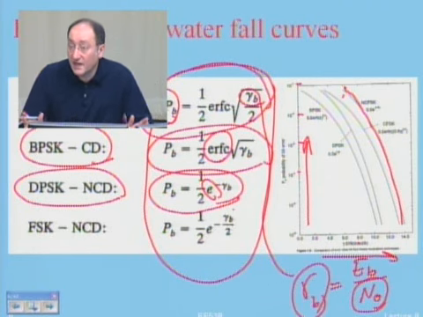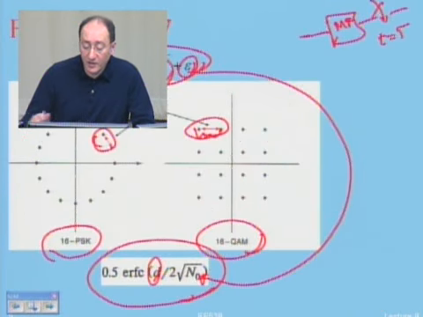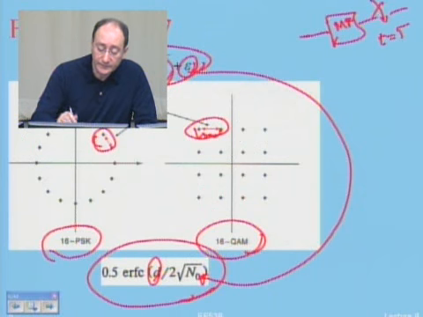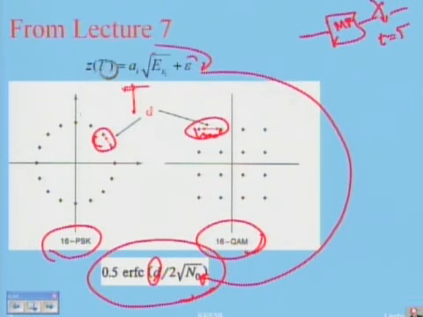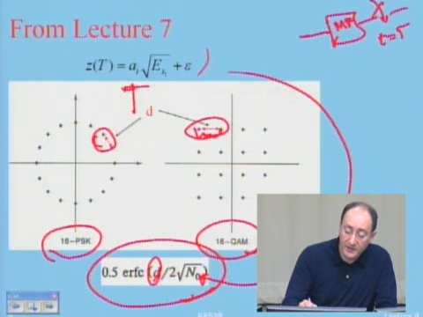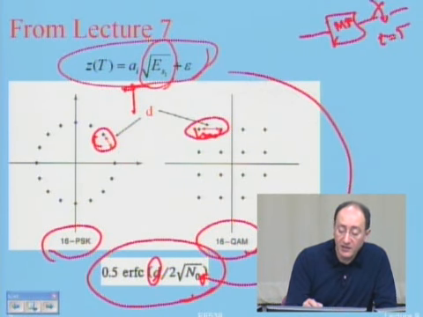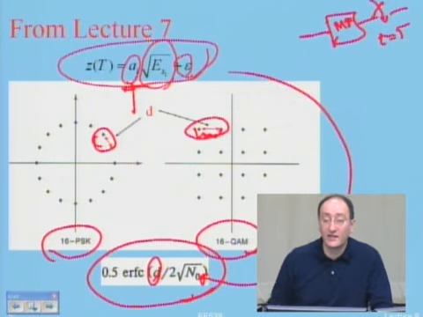That was where we were last time. But remember, my assumption was that my received signal is this thing, this Z sub t, which is some fixed number related to the energy of a symbol multiplied with a number. And then I have some noise added to that.